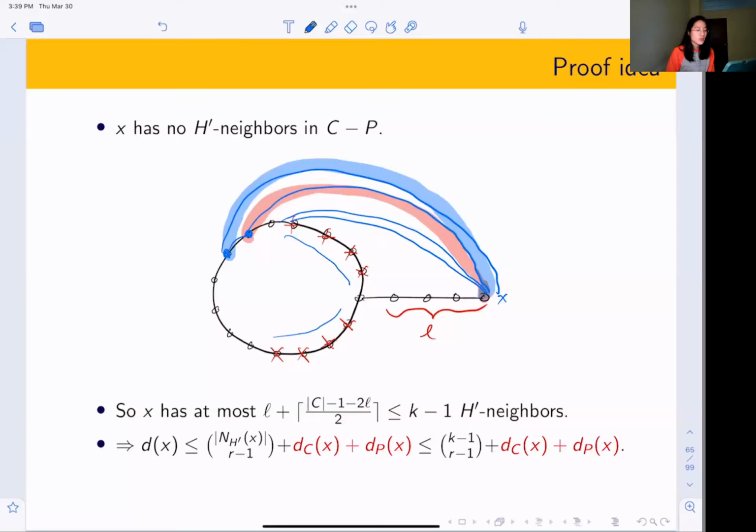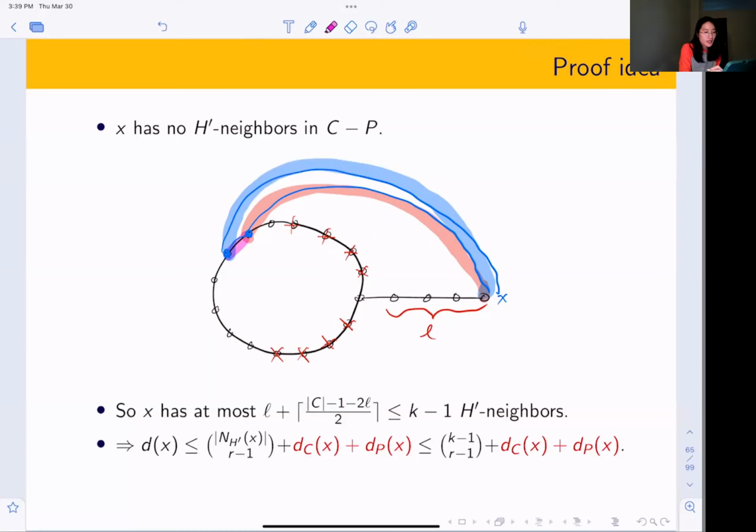And this is where we use the fact that we choose the lollipop so that it contains as many edges which contain X as possible. So in particular, if I look at this edge in the Berge cycle, if this doesn't contain X, then I can replace it with this H prime edge that does.